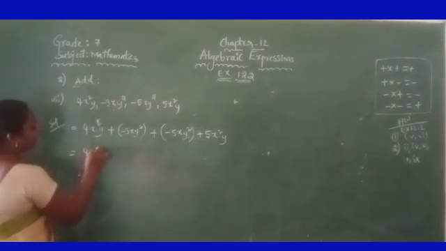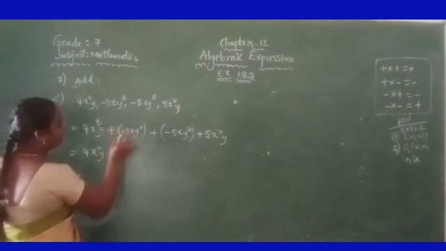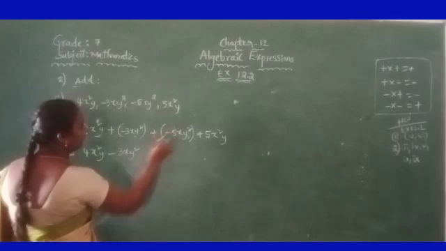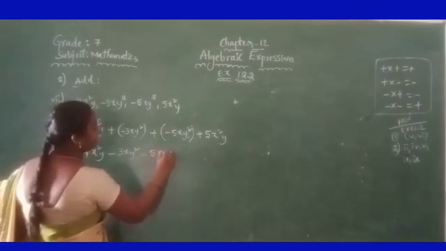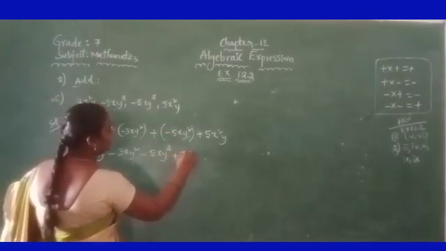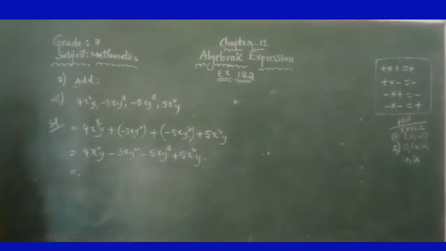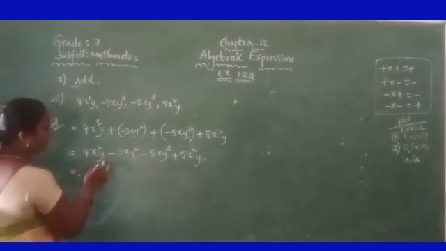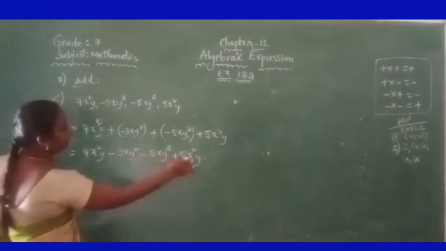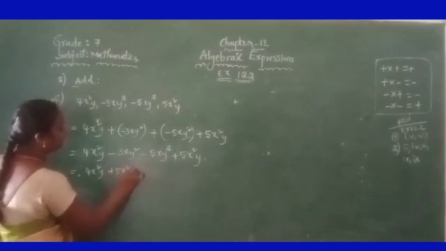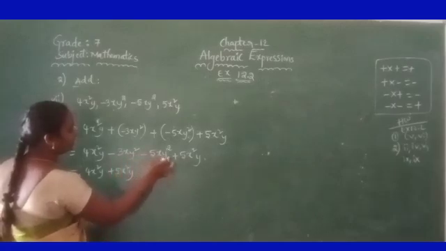Right. Now simplify: 4x square y plus into minus, minus 3xy square, plus into minus, minus 5xy square, plus 5x square y. Now like terms you write first: x square y. 4x square y plus 5x square y, these are the like terms. xy square, xy square, right.